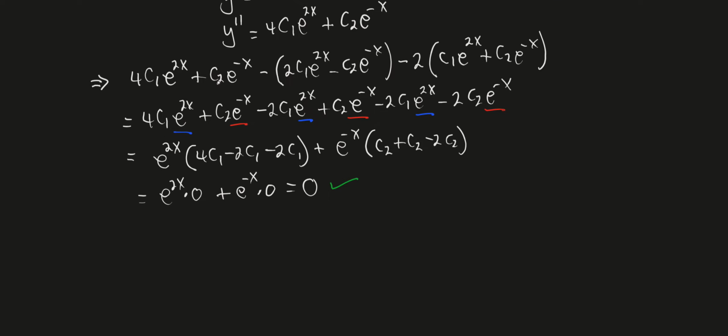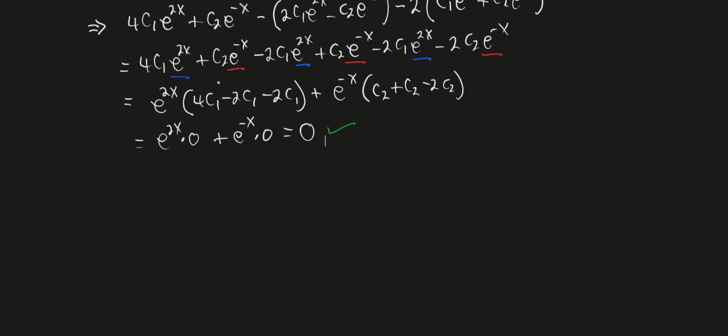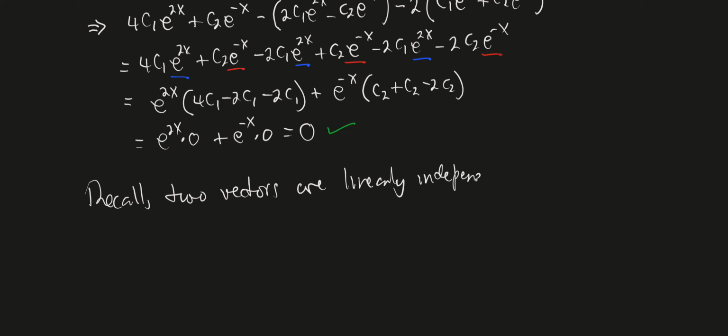All right? So before I state the theorem, I want to go back to another concept that we looked at during linear algebra. It was the idea of linear independence. So recall, two vectors are linearly independent.